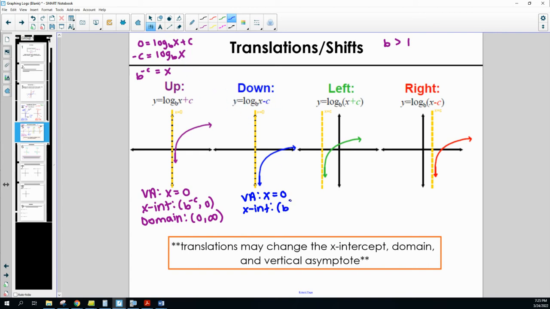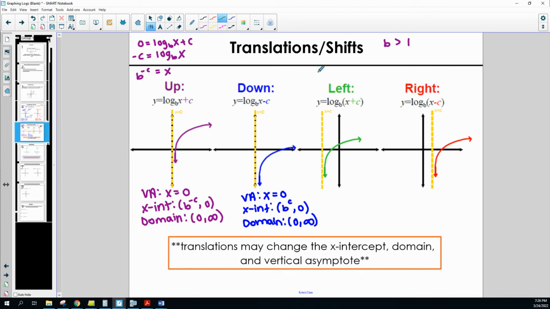So I'm going to have b to the positive c, comma 0. And then again, our domain will be 0 to infinity. Now, when we had exponentials and moved it up and down, that changed our horizontal asymptote because that was in the y direction. So now we're moving up and down, it's not changing our vertical asymptote.